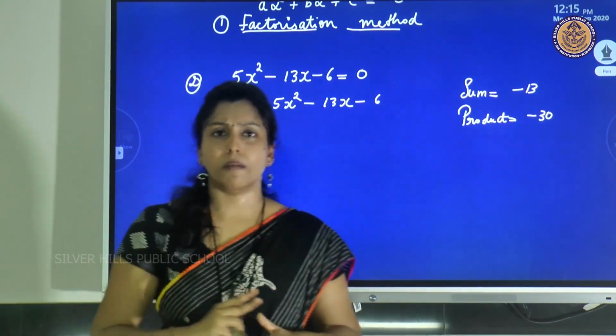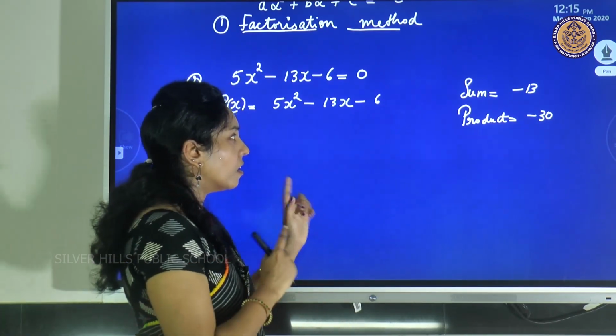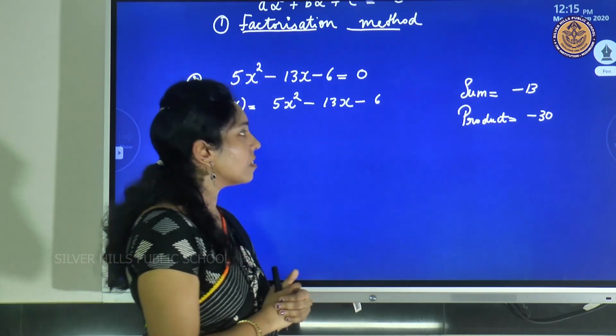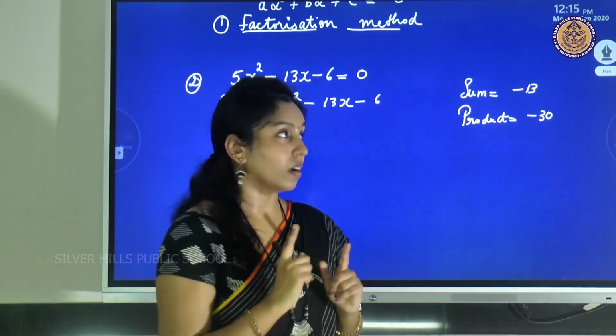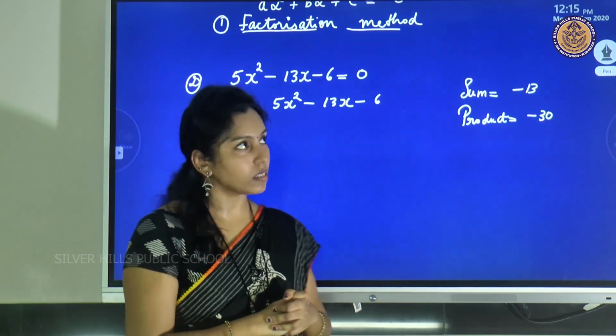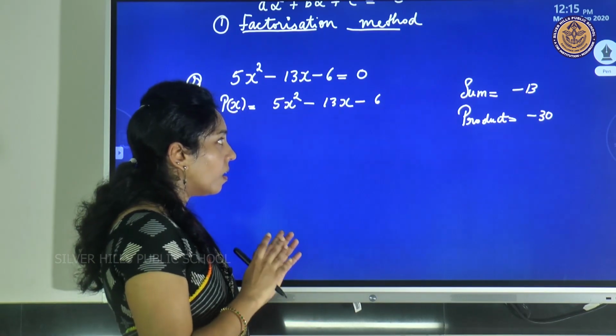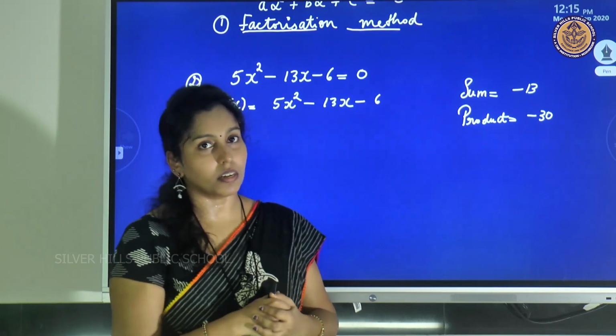So which are those two numbers satisfying these two conditions? Let's check the product. Product is minus 30. So which numbers when you multiply give you 30? Think like that. We know 5 into 6 is 30, fine, but then it doesn't match here. We can't find the sum 13.